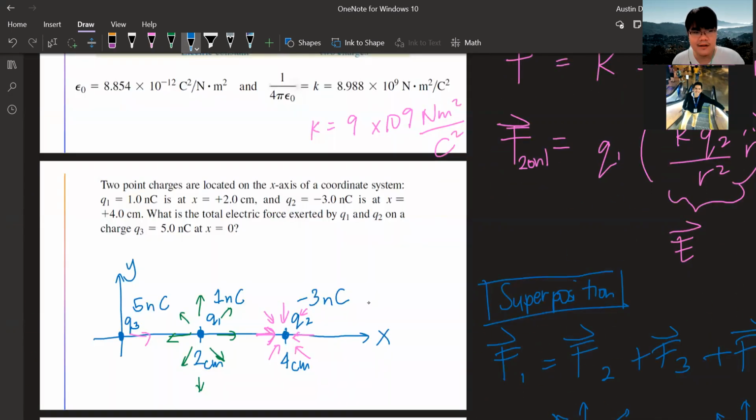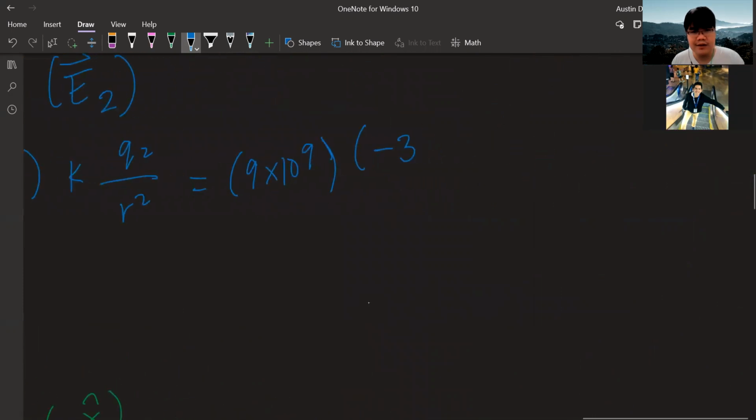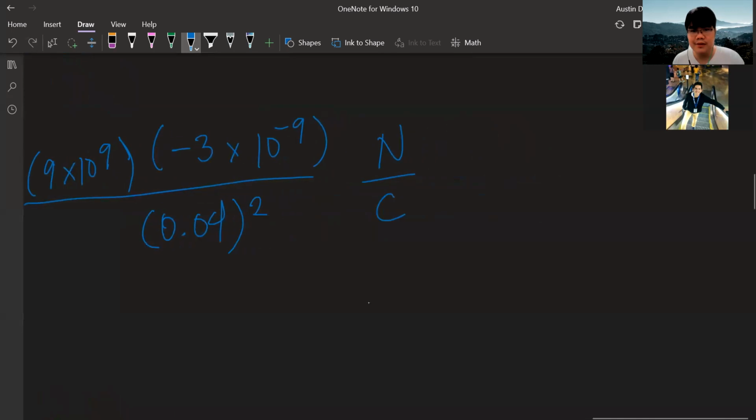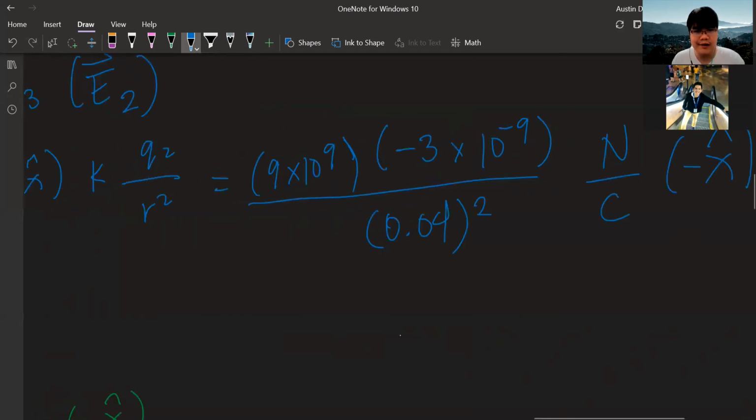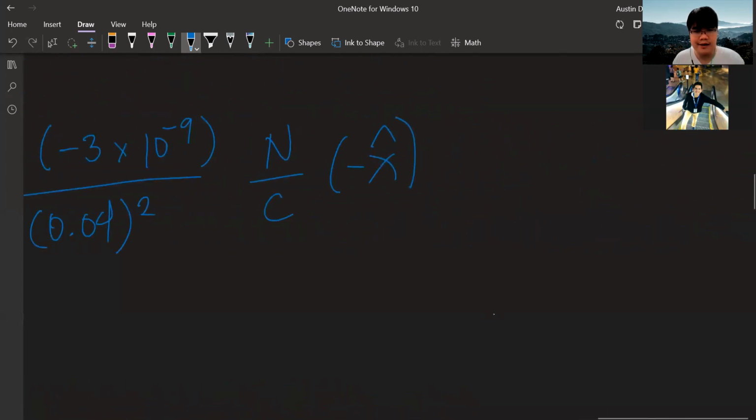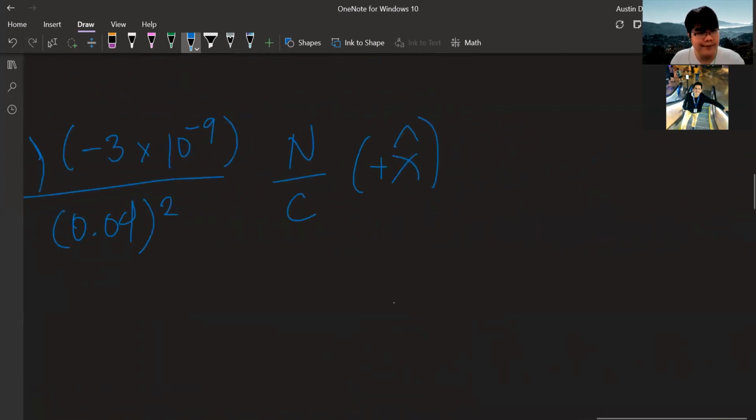Right? Negative 3 nanocoulombs. Times 10 to the negative 9, over 0.04 squared. Then I know my electric field is in units of newtons per coulomb. Then, don't forget the direction. Oh, plus pala. Plus x. Okay?